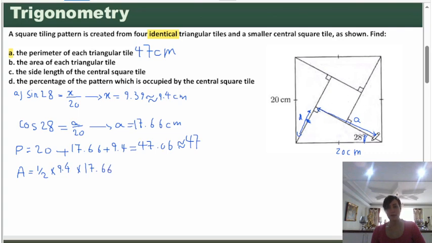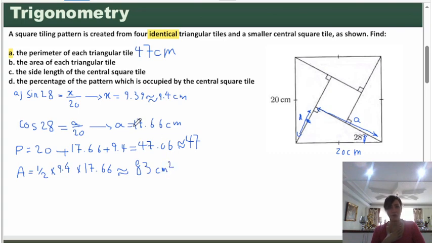Why is this side my height? Because I am in the right triangle. So I will find the area, which equals almost 83, and my unit is square centimeters.